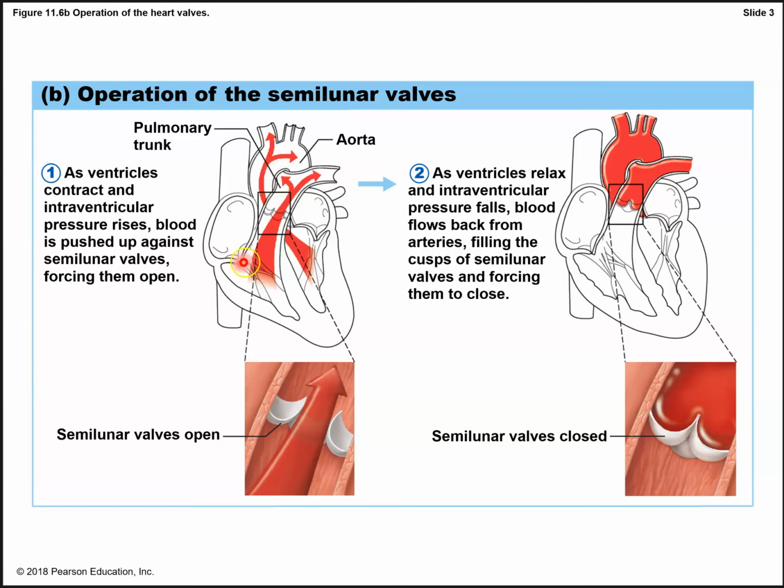So when the ventricles contract, the tendinous cords pull on the AV valves and they shut the AV valves close. So keep in mind the AV valve, or the atrioventricular valve on the right, is called the tricuspid valve because it has 3 cusps, and the AV valve on the left is called the bicuspid valve or the mitral valve.